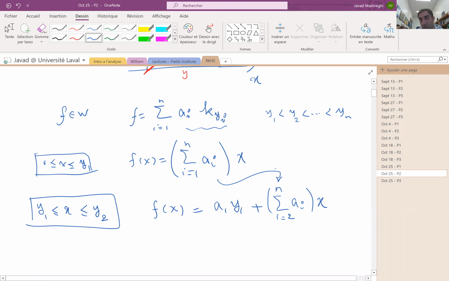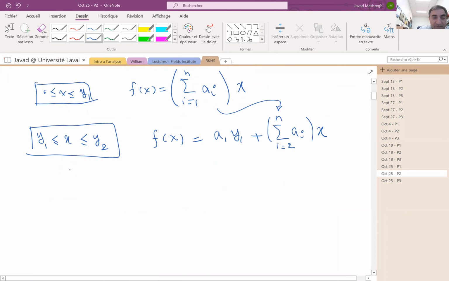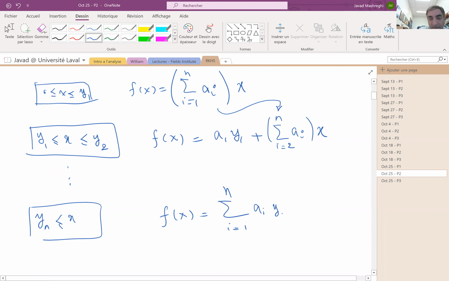Each time we lose one element from the sum, and at the end, when x is bigger than or equal to y_n, the last infinite interval, f of x is absolutely constant: the sum from i equals 1 up to n of a_i y_i. And a_i is a coefficient.